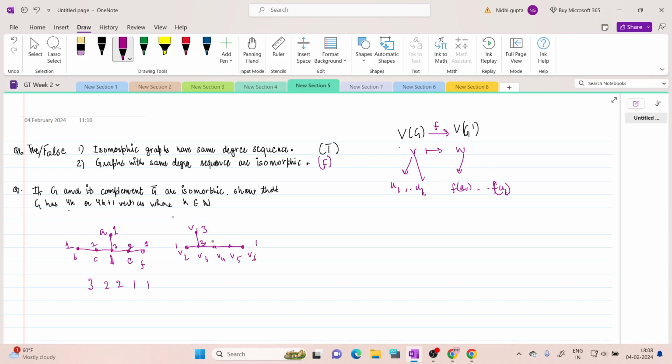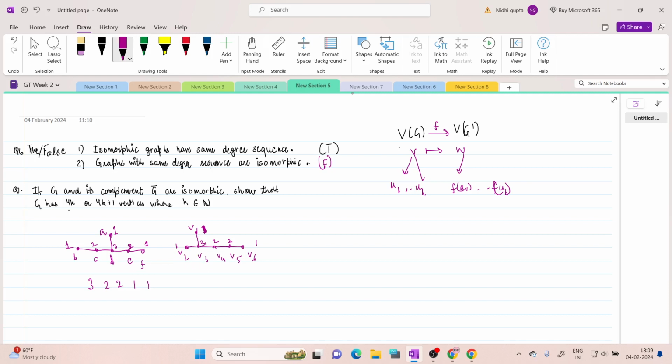If we look at D here, it has degree 3, but the vertex adjacent to D is C, which has degree 2. In the second graph, V3 has degree 3, that is fine, but V2, adjacent to it, has degree 1. You are saying V3 has degree 3 and V2 has degree 1, right?